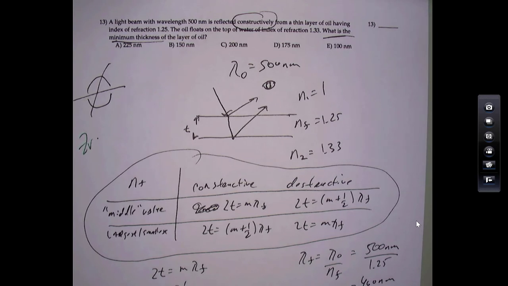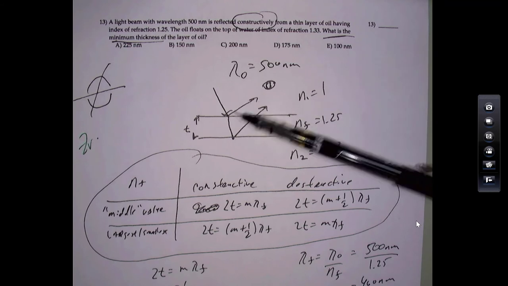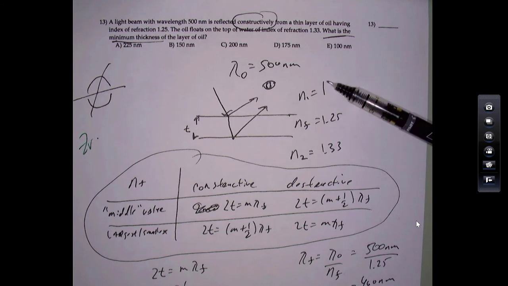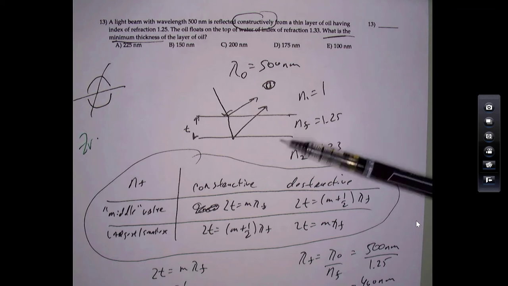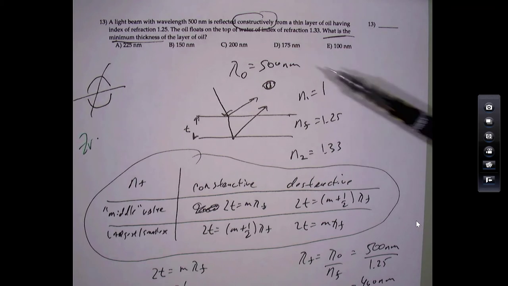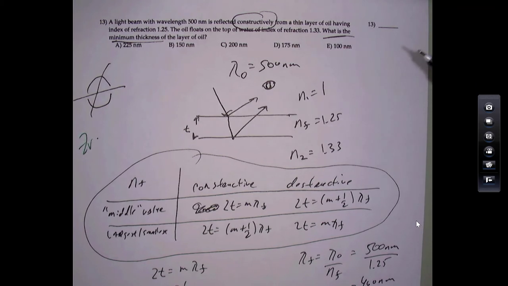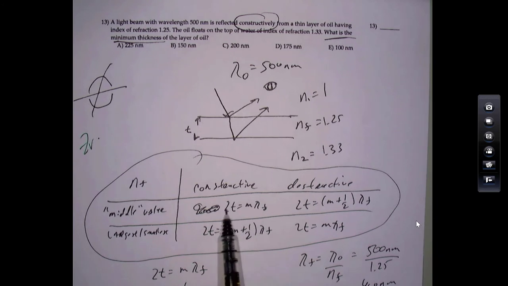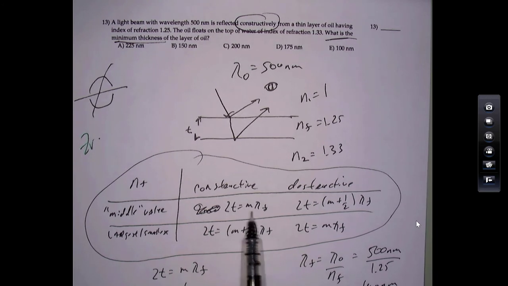So when you read through the book, every time they want you to decide if there's phase changes or not, here I kind of just detailed it. Yes, there is a phase change here because we're going from lower to higher. There is a phase change from lower to higher. So those phase changes, this one and this one, cancel out. So to get constructive interference, you can figure out what that would have to be: 2t equals m times the wavelength in the film.